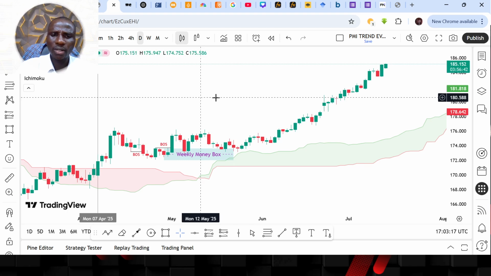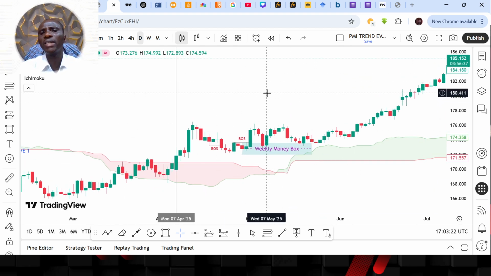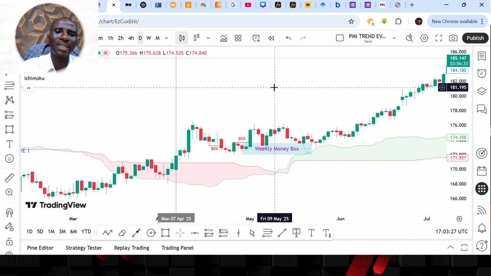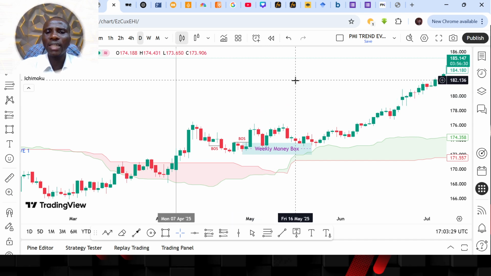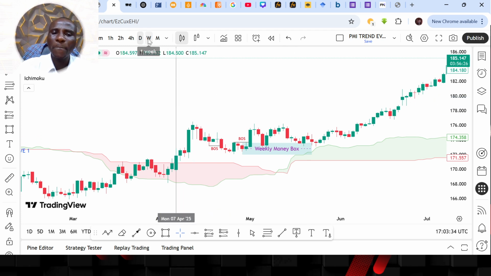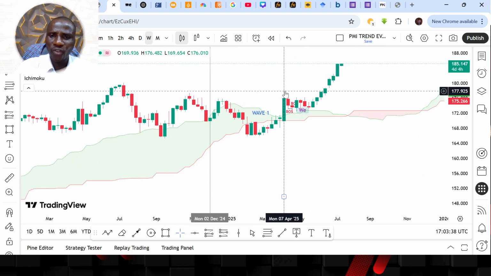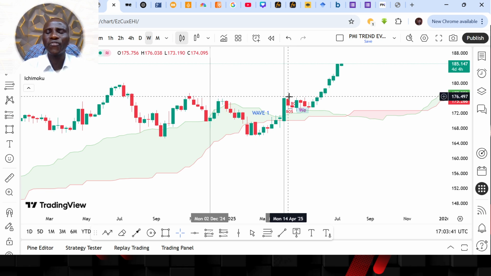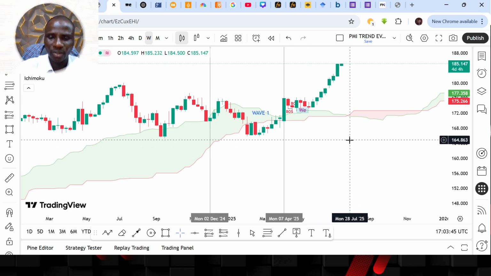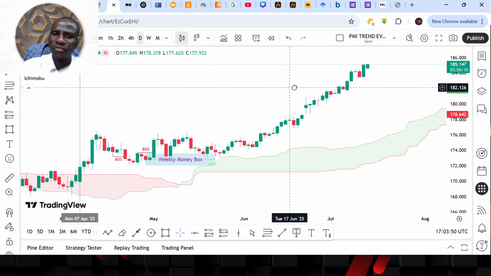I want you to look at it very closely. I want to quickly recap this so that somebody can really grasp it very well. If you want to trade on weekly charts, you wait for at least one period after an impulsive wave on the weekly, and you have confirmed that the directional bias is in favor of a buy and the price is now trading above the cloud. Cool. You move to the confirmation time frame.